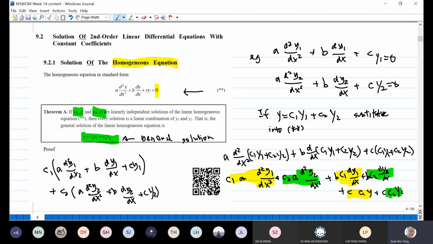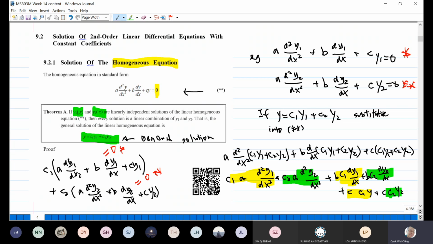The y1 part is equal to 0 because of this term here, and the y2 part also equals 0.